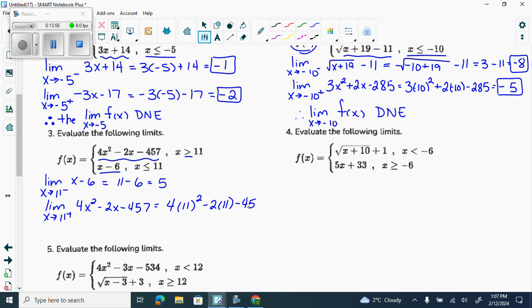What did you get for an answer? 5. Do they match? I think they're supposed to be the same. Therefore, the limit as x approaches 11 of f of x equals 5.